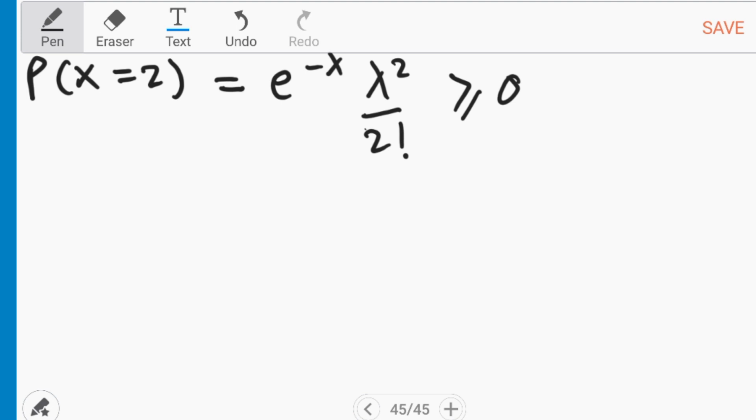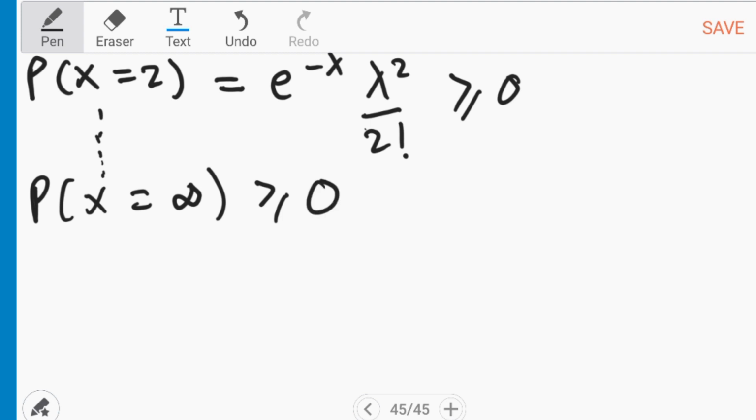If you substitute 3, you should also get a value which is greater or equal to 0. So it implies that if you substitute any of the values of x up to infinity, you should get an answer which is greater or equal to 0.